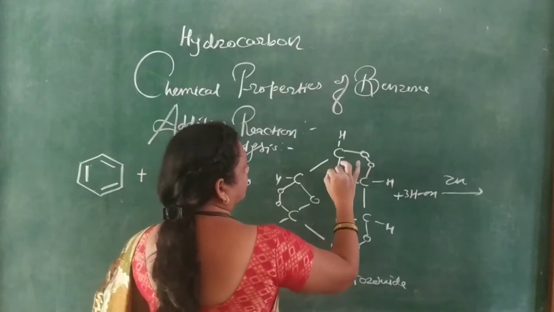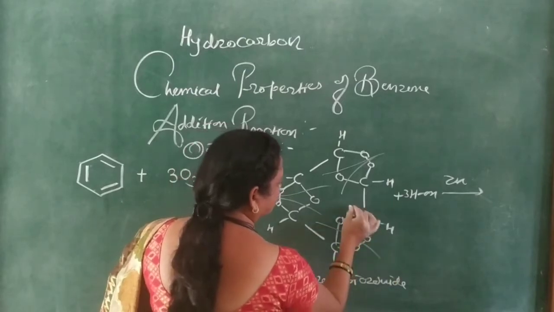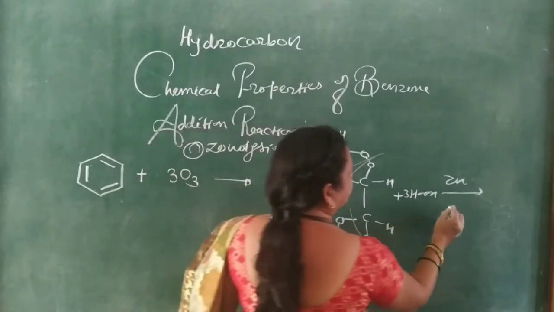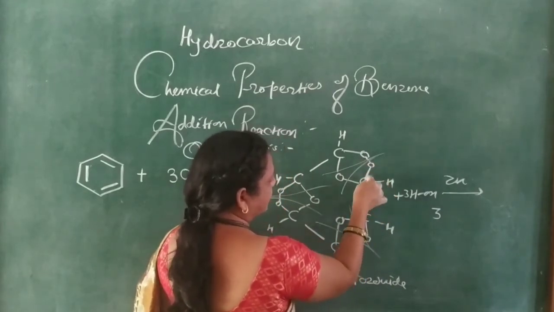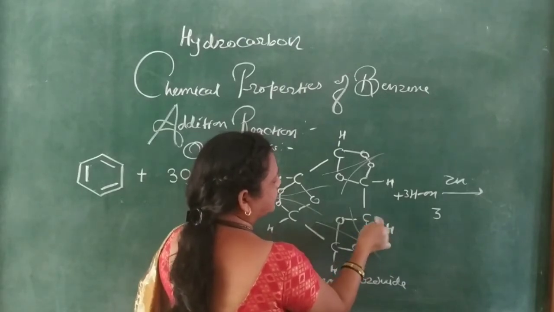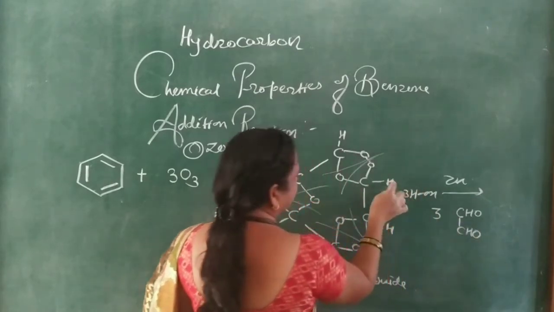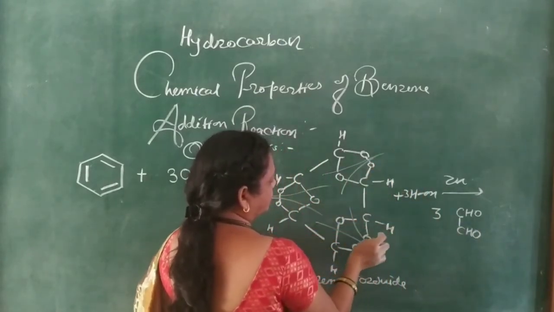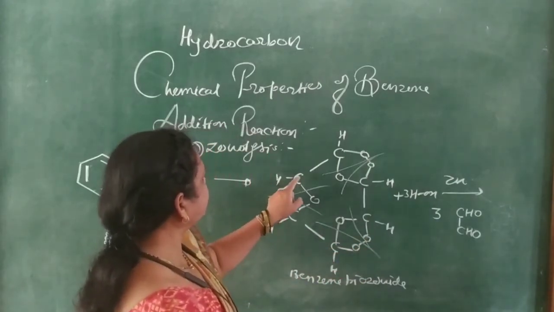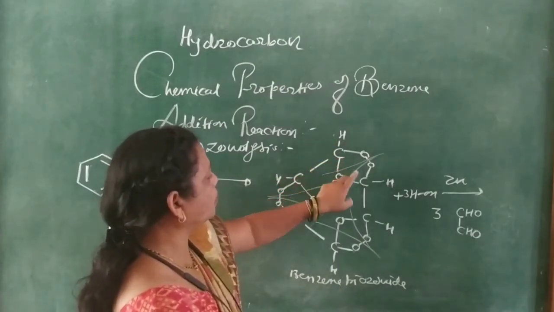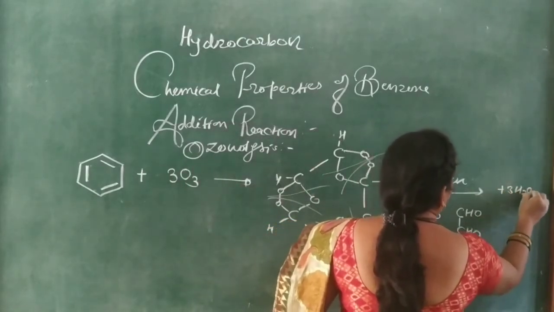In this way it breaks, and forms 3 HC=O, HC=O single bond HC=O, so CHO-CHO, three molecules, and the 3 O combine with 3 H2O to form 3 H2O2.